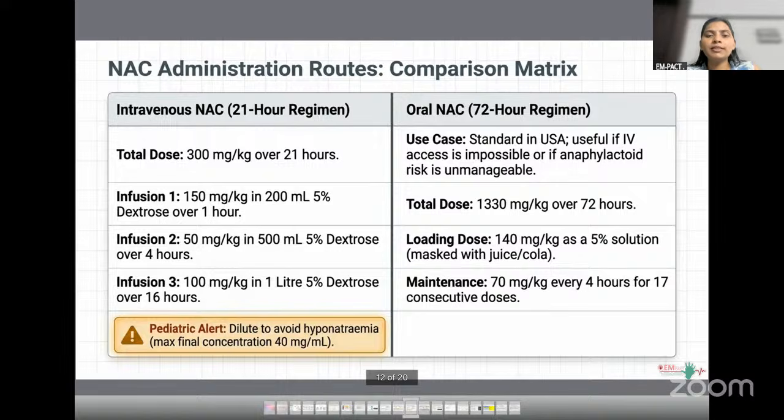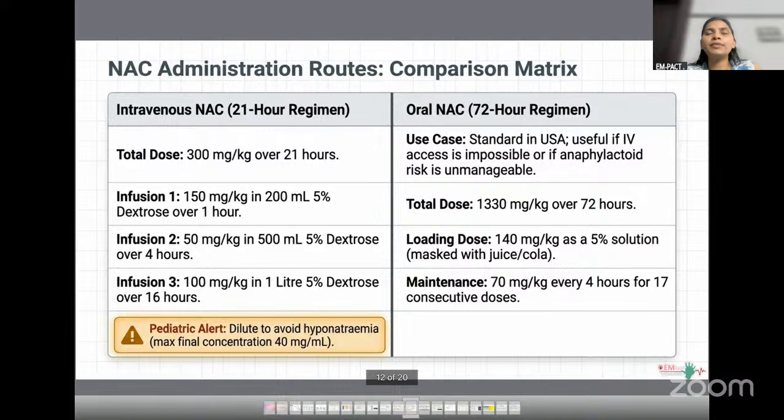If we are giving it in children, we should be concerned about this thing: hyponatremia can develop in NAC therapy. So that should be diluted to 40 mg per ml. Come to the oral therapy. In the oral therapy, it is over 72 hours that we are giving.